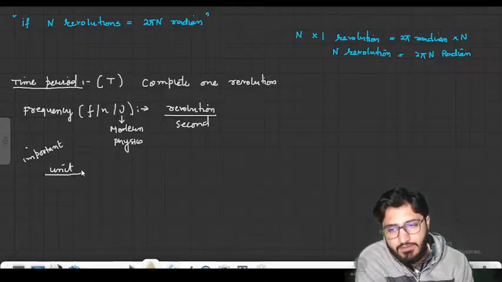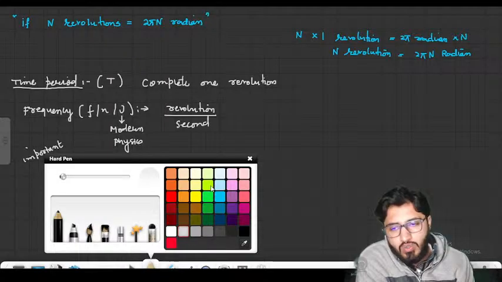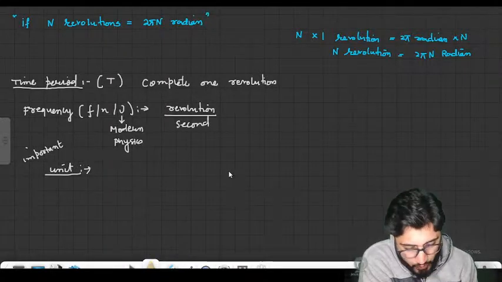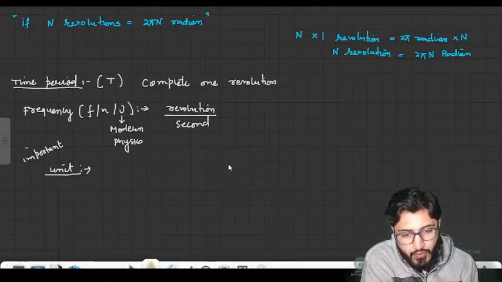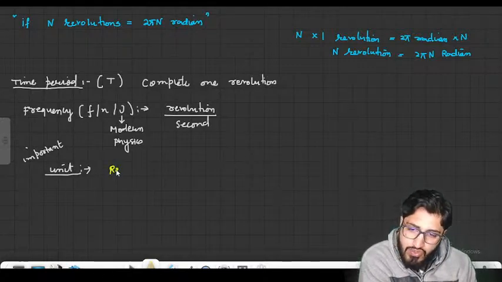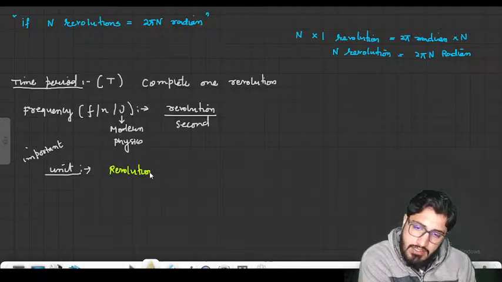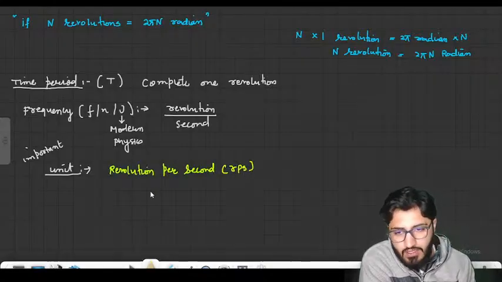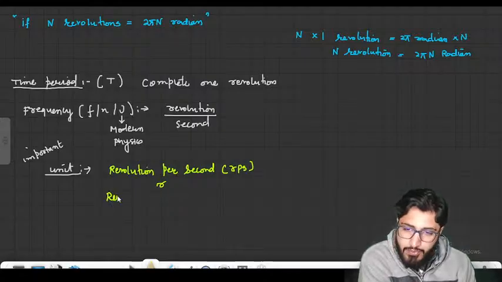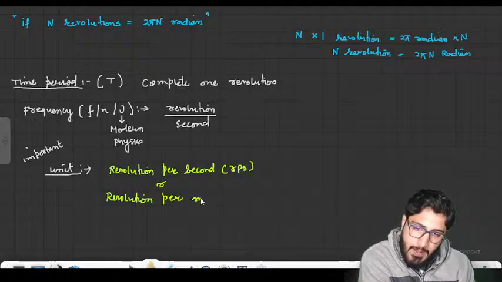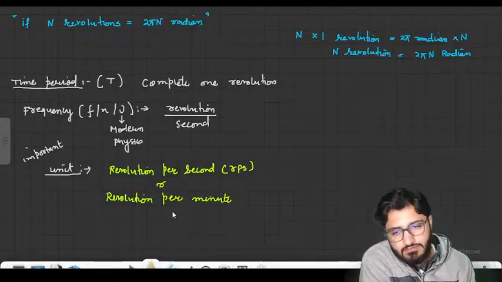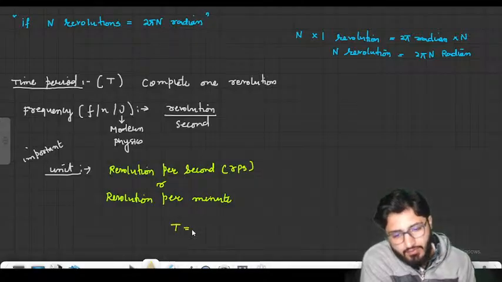The unit of frequency is revolution per second, RPS, or you can write revolution per minute. So time period is 1 by f or 1 by n.